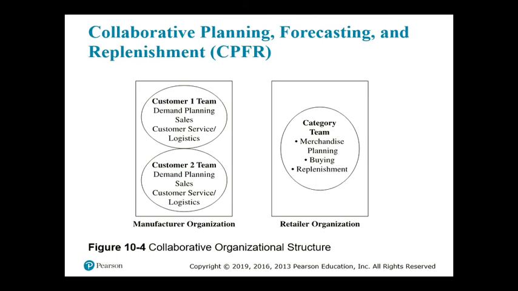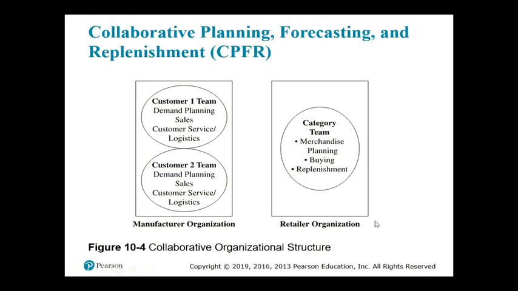So, for example, on the manufacturer side, we may set up cross-functional teams that focus on large customers. Right? So maybe this is P&G, and this is the collaboration team focusing on demand from Walmart. This is demand from Meijer, and so on. And these teams will include functions in demand planning, logistics, and sales.